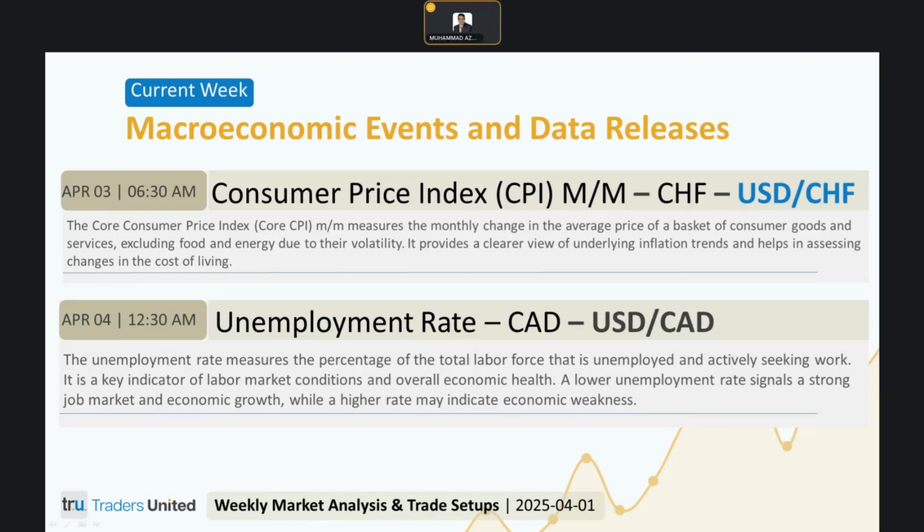So the possible market impact on the USD CHF would be, if the CPI is higher than expected, greater than 0.1%, the inflationary pressures may push the SNB to maintain or tighten policies, strengthening the CHF. So the USD CHF currency pair may decline as a stronger Swiss franc against the United States dollar.